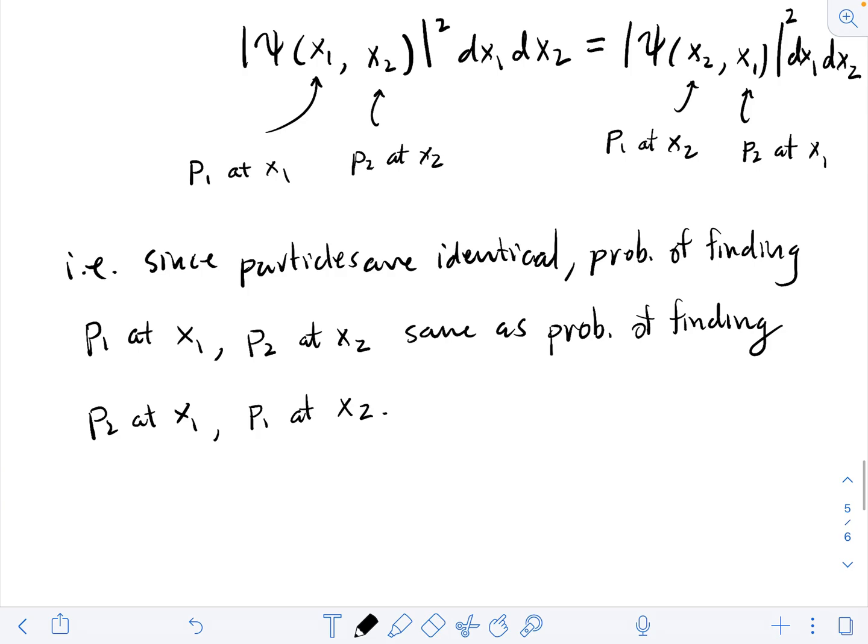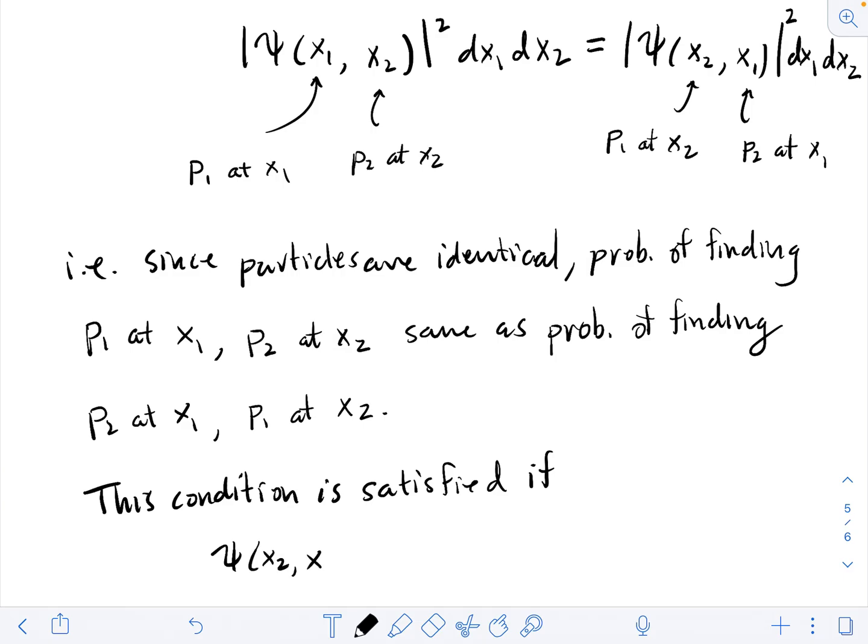Okay, so this requirement or this condition is satisfied if, so let's take our wave function where we have, say, P1 at x2 and P2 at x1, and we're going to say that that's equal to the wave function with particle 1 at x1 and particle 2 at x2 to within a phase factor.